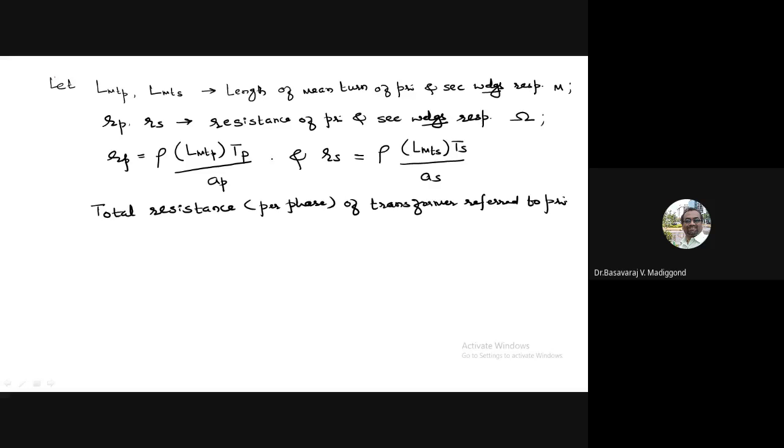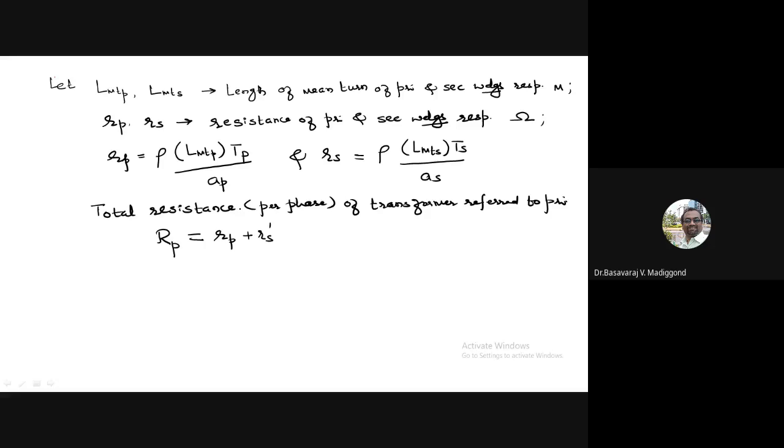How do you write that? I think you remember. Total resistance R referred to the primary winding is given by Rp plus Rs dash. If you recall, R1 plus R2 dash, isn't it?